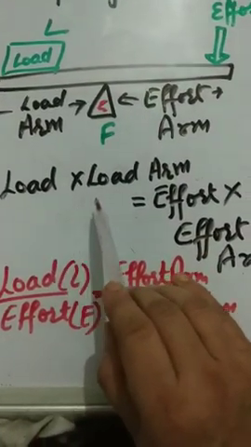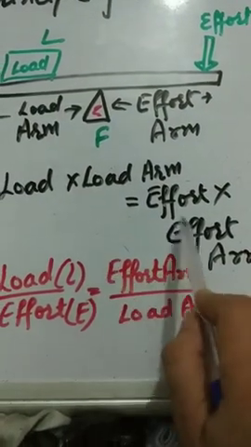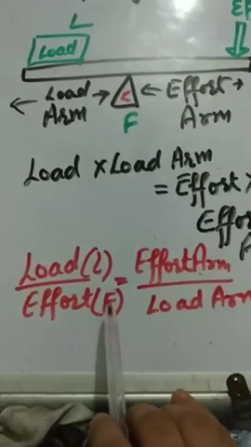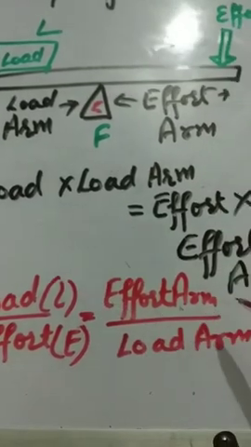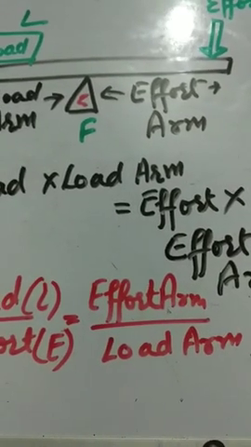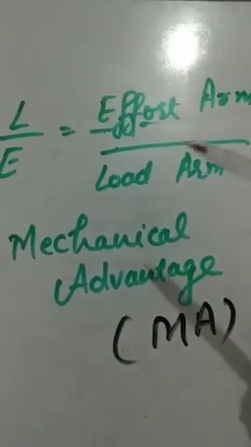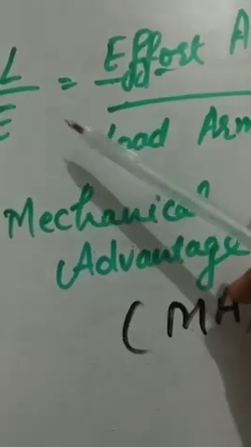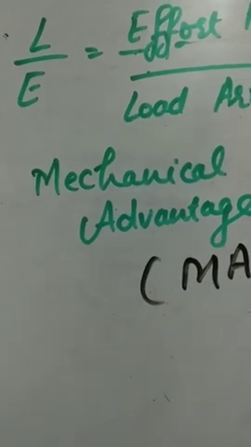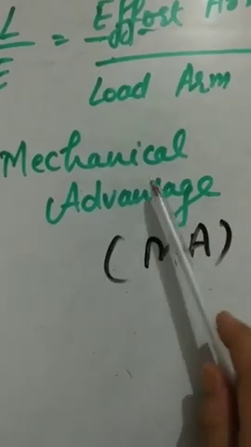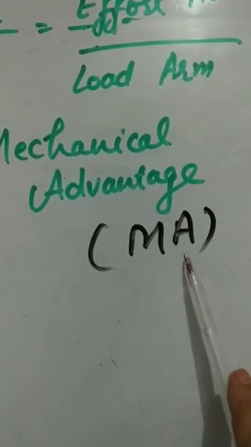Load multiplied by load arm equals effort into effort arm. Both are equal. So load by effort equals effort arm by load arm. This ratio, L over E, load over effort, equals effort arm over load arm, and is called mechanical advantage, symbolized as MA.